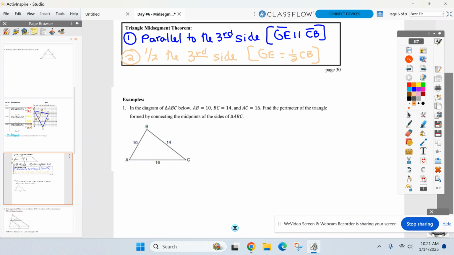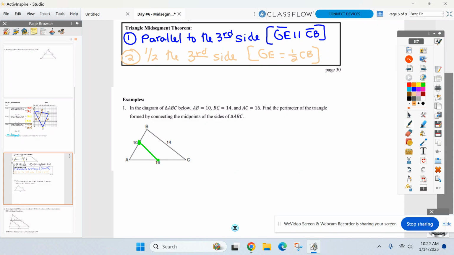I have a triangle ABC with three side lengths. What's the perimeter of the triangle formed when I connect the midpoints? Let's do this together. Midpoint of AB connected to the midpoint of AC first.